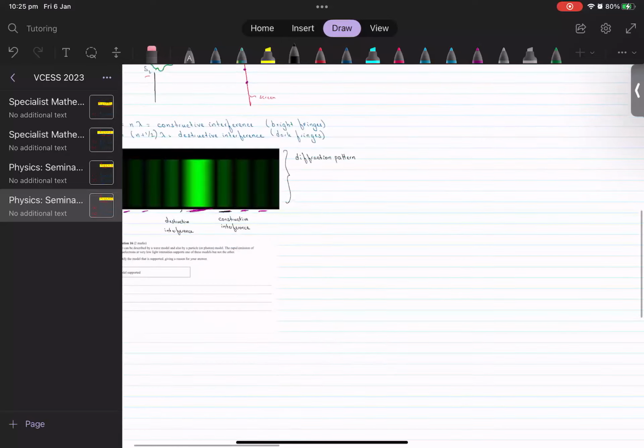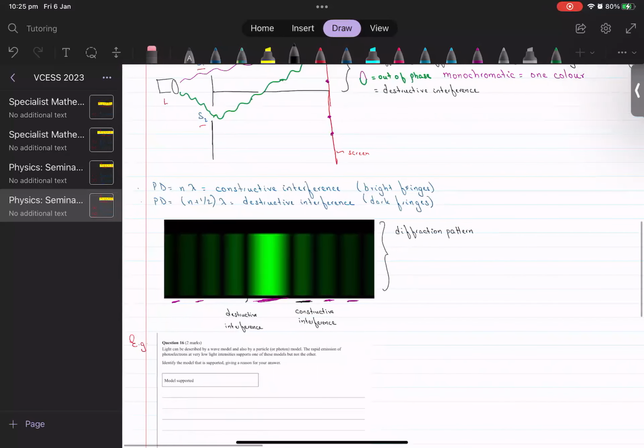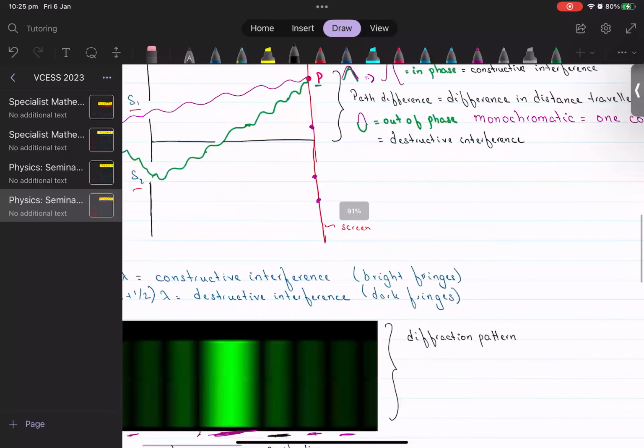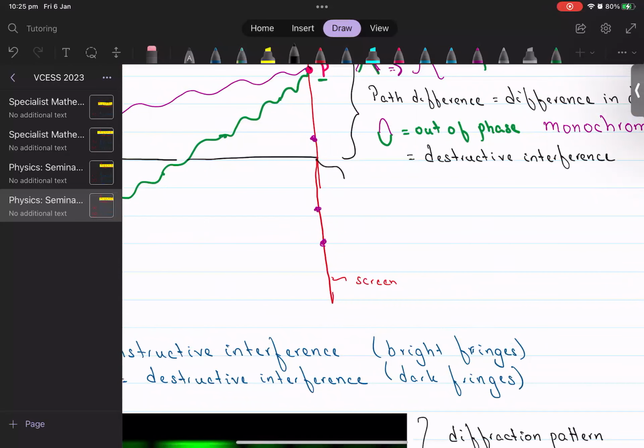Now, path differences generally are measured relative to what's called this big bright band in the middle, which I've indicated here as the central maximum. My annotations are going to get really confusing, my apologies for that.